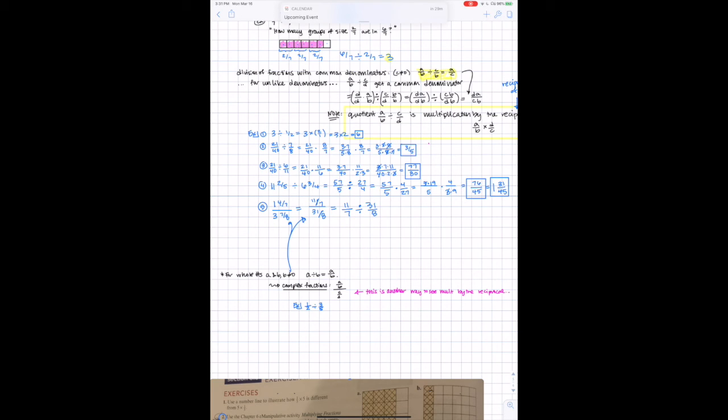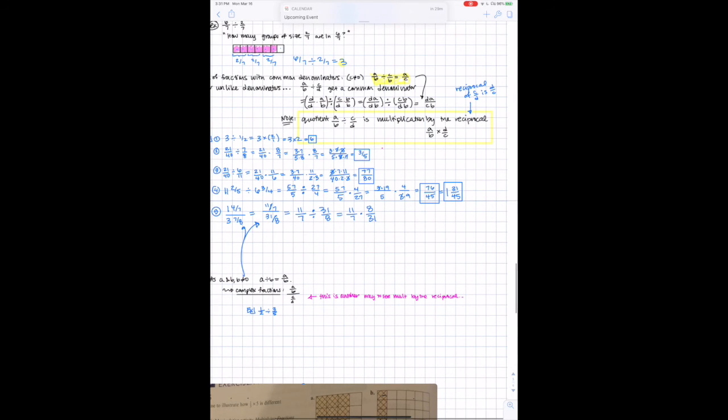Okay, so we're taking 11/7, we're dividing by 31/8, and so what we're really doing is we're going to multiply by the reciprocal. And the reciprocal of 31/8 is 8/31.